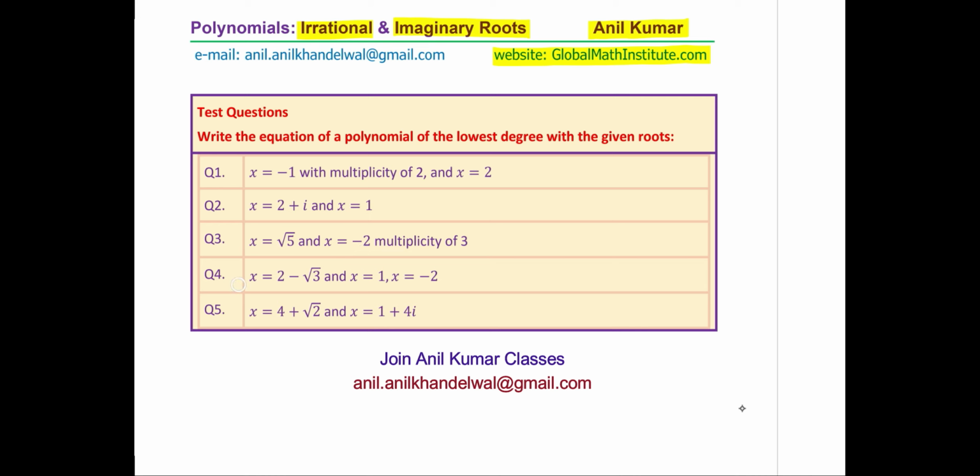Question 4, x equals to 2 minus square root 3 and x equals to 1 and x equals to minus 2. Question 5, x equals to 4 plus square root 2 and x equals to 1 plus 4i. So we are given roots of these polynomials. You have to write equation of the polynomial in lowest degree.